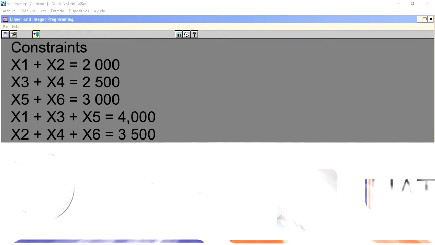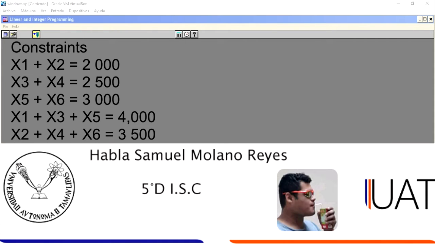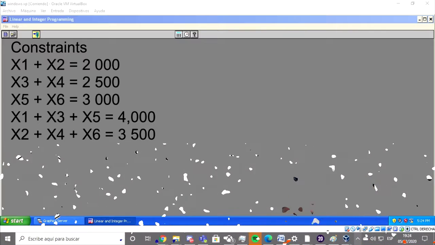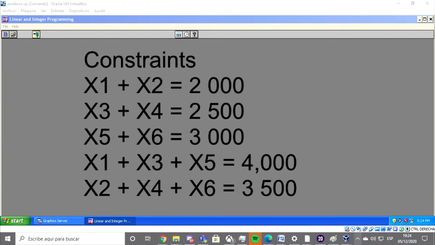The constraints described above were constructed as follows. The first 3 restrictions represent San Diego, San Francisco, and Los Angeles, and their location in the transportation cost matrix, and each one is equal to its production capacity or supply.